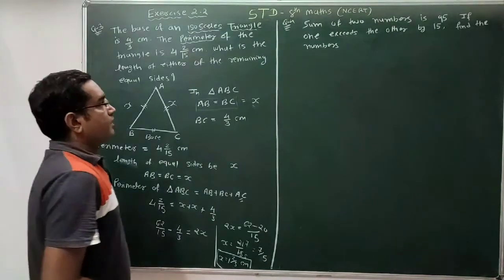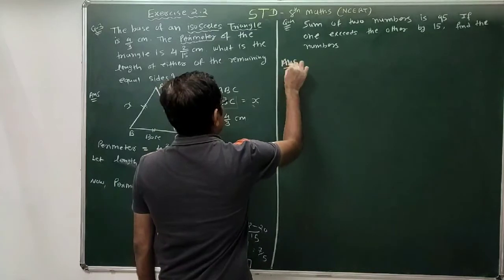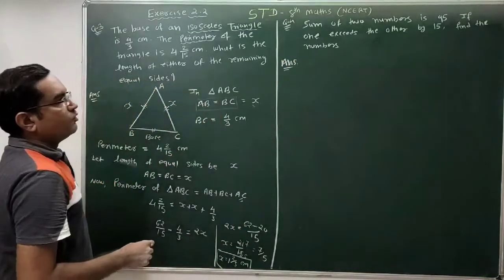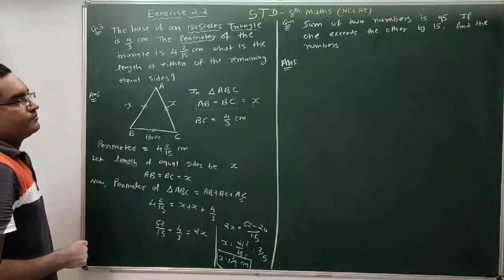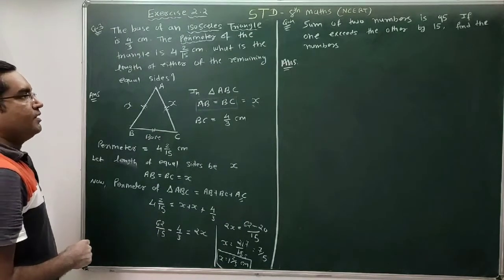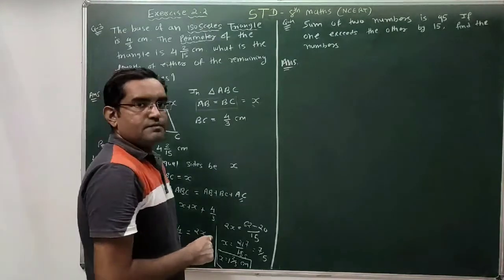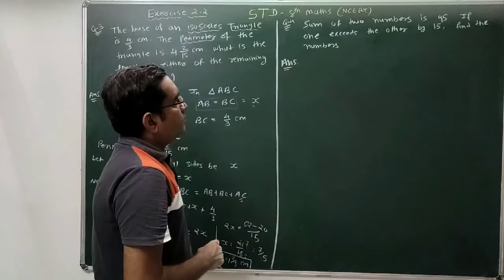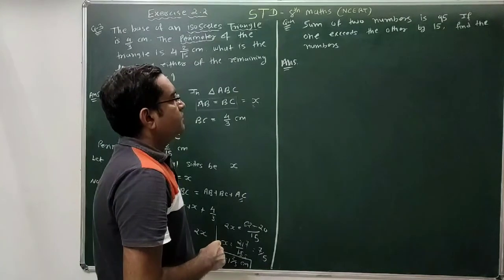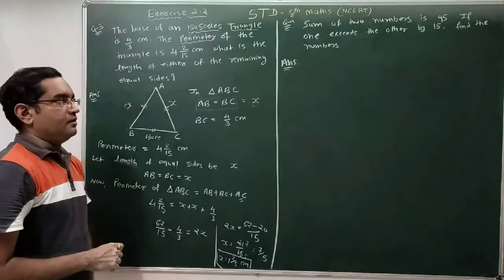Now next question, question number 4. So in question number 4 we are given that sum of two numbers is 95. If one number exceeds the another by 15, find the number. So two numbers are there and the sum of the two numbers is 95 and one number exceeds another by 15.